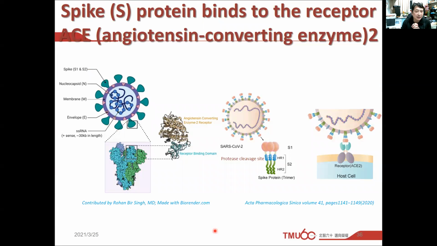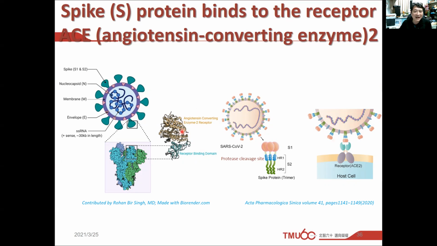Okay, let's look at the spike protein, because this is the main actor of this presentation. The spike protein is composed of a trimer, and each protein has an S1 domain and an S2 domain. The S1 domain contains a receptor binding domain which can recognize ACE2, angiotensin converting enzyme, located on the host cell membrane.